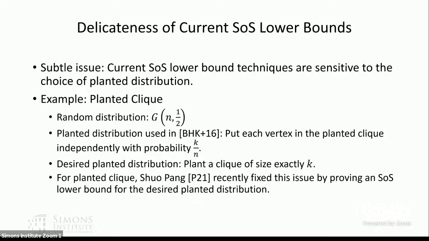This makes the pseudo-calibration calculation simpler, but the problem is that we really want to satisfy the constraint that the clique has size exactly k, and this only makes the planted clique have size approximately k. So our desired plant distribution would be the planted clique of size exactly k. So here, Schramm and Pang recently fixed this issue by proving a sum of squares lower bound for the desired plant distribution.